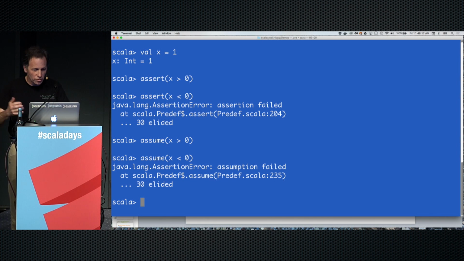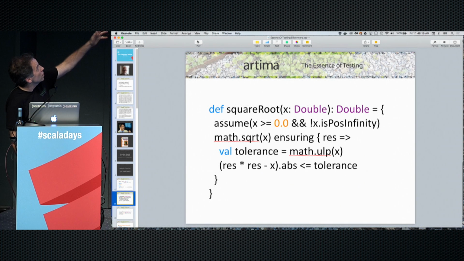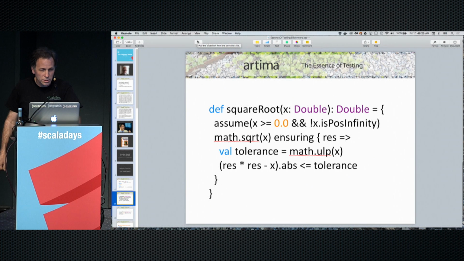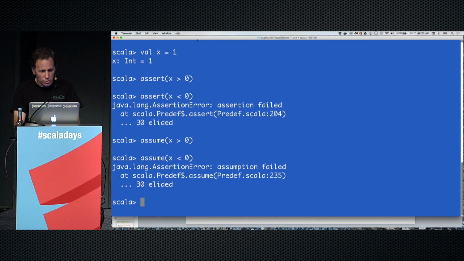So at the beginning of the method here, at square root, I'm saying I'm assuming x is greater than or equal to 0, and I'm assuming it's non-infinite. And so that's assume. And then there's one called ensuring, which you can call on anything. So I'm going to call it on 42, which is my favorite number. So dot ensuring, that's added with an implicit conversion to any type.